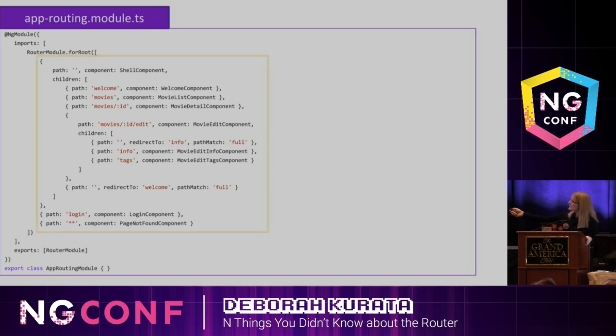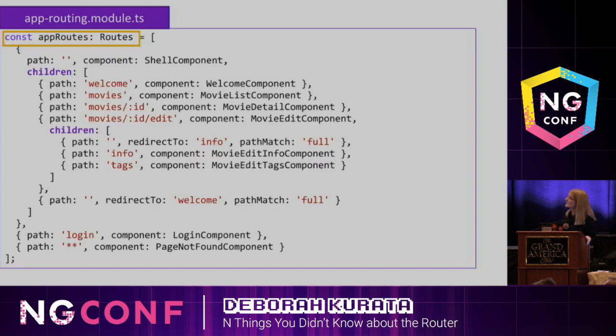So the idea is we're going to pull that stuff out of there, and we're going to put it into a constant in our class file. So there's the definition of the constant. And you can see now that's much easier to read. You also can see that I've added a few more. I added a second level of router outlet here.